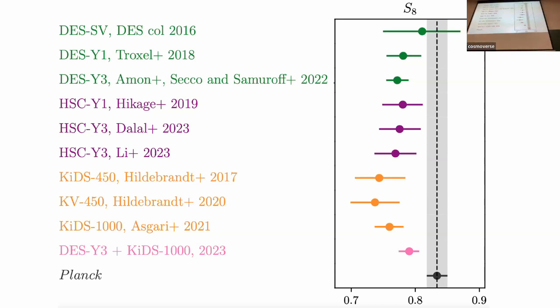Then you have HSC year 1 and year 3 in purple here. You can see that it hasn't really moved. And then you have the KiDS results, KiDS-450, KV450, and KiDS-1000 in orange. And then finally, the combined analysis that we've done recently in pink. And for comparison, we have the Planck fiducial results.